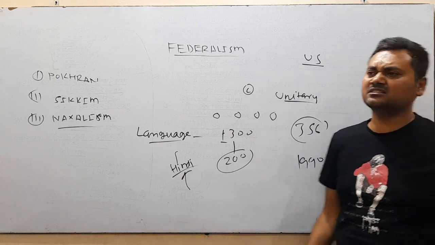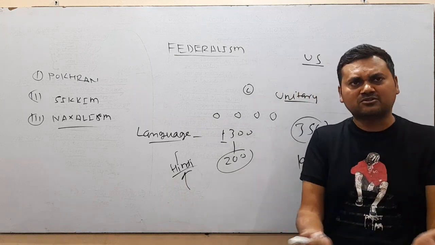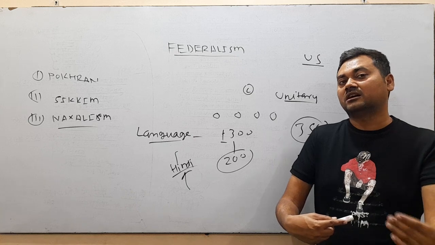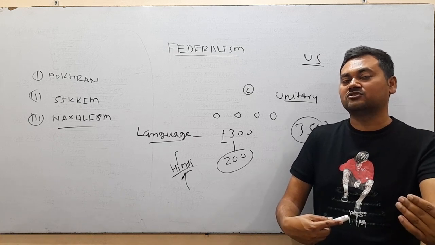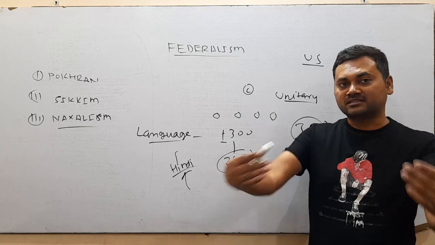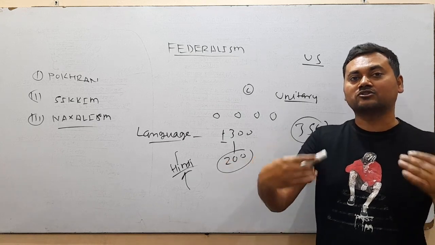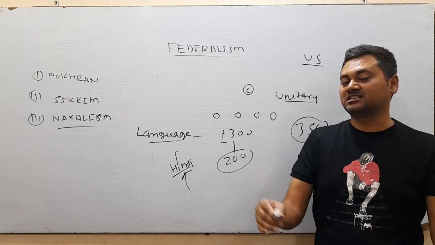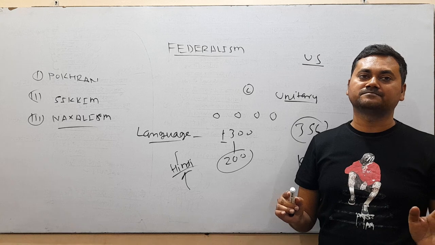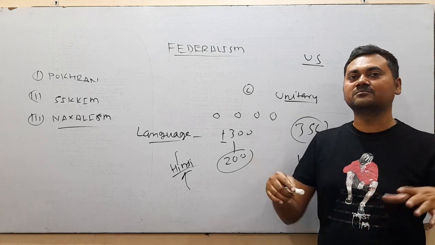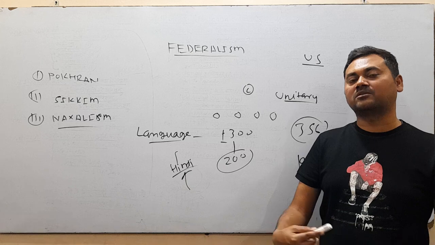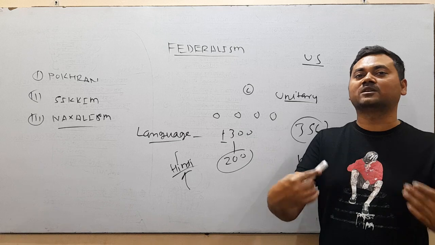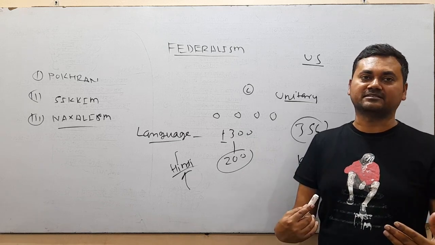Taking assistance can be evaluated from two perspectives: it is not a strong government, but if you see through the other side of the prism, you will get to know that the other parties are also part of this government, which is significant to run this country. So in context to federalism, the more people come to share the power, the more the best possible form of federalism will be reflected.